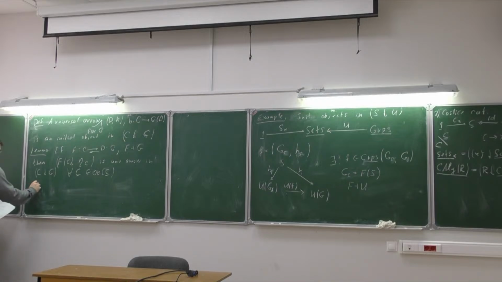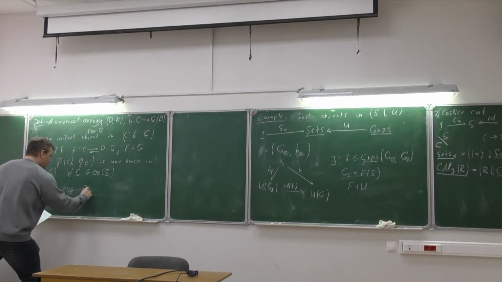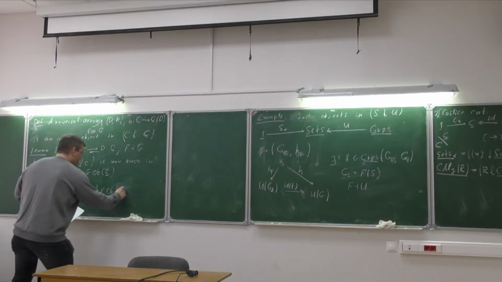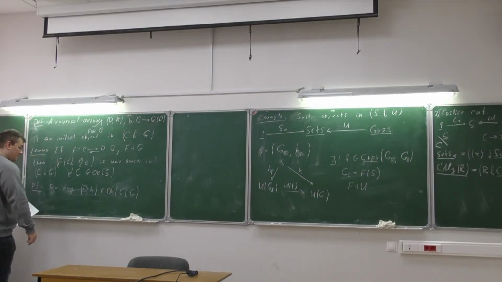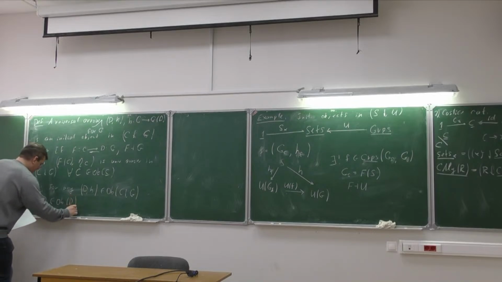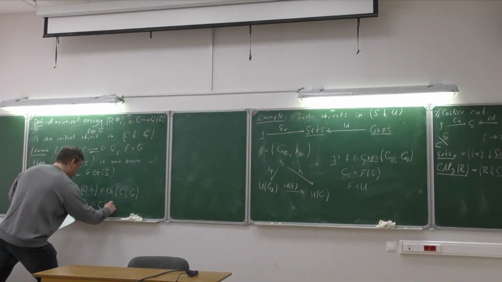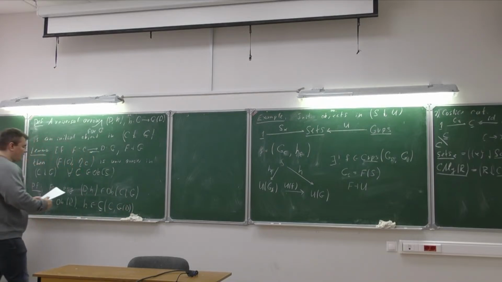So proof. For any pair D and H, which is an object in the comma category C and G, again, this simply means that, let me add this in parentheses, D is an object in the category D, and H is a map in the category C from the object C to G of D. So take an object in the comma category.